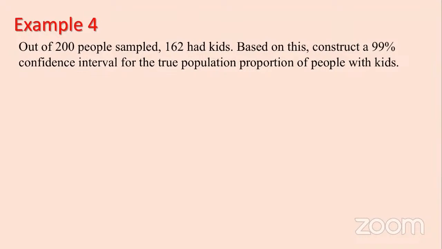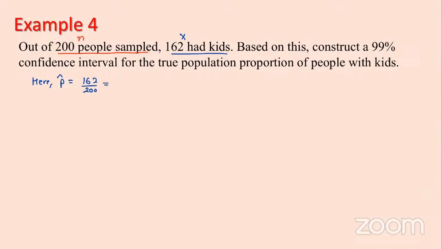Okay. So first of all, when we say this is sample, you can see 200 is the sample. We are talking about sample. Out of 200 people sampled, n is equal to 200. 162 had kids, right? So that means, what is the proportion here? What is the sample proportion? P hat is equal to 162 out of 200.